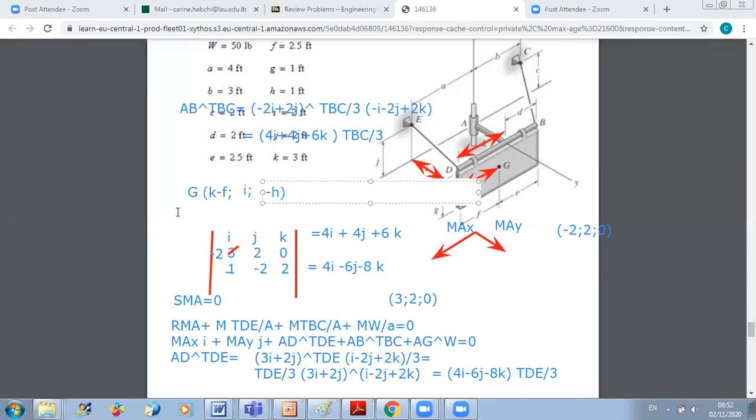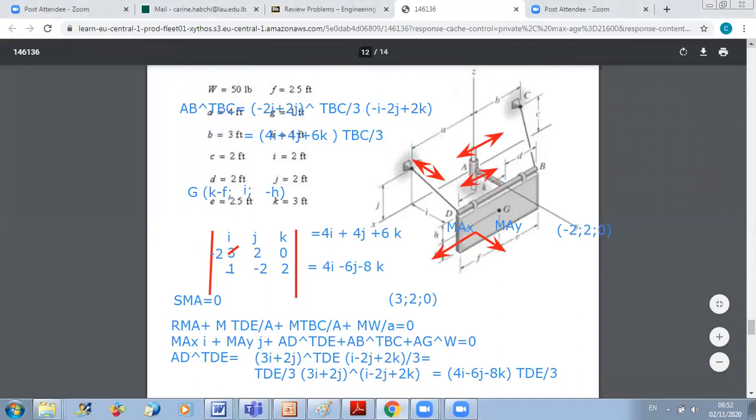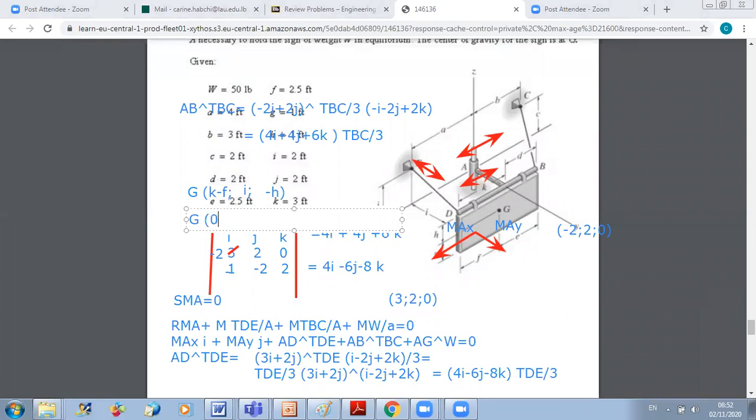So now, once you have your vector AG, you can calculate AG vectorial F. So let us see what the components are. For K, it is equal to 3. When you do minus F, F is equal to 2.5. So you have for G 0.5 as coordinate. And for I, it is equal to 2.